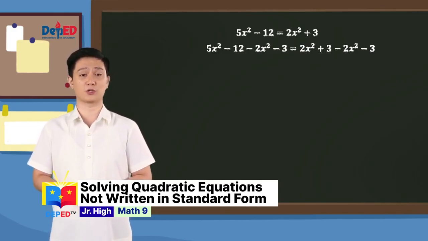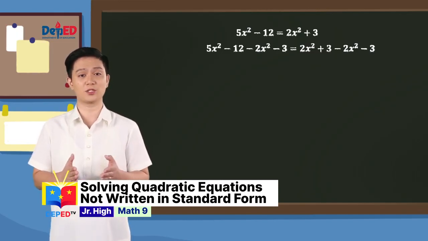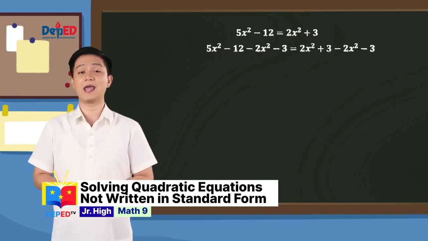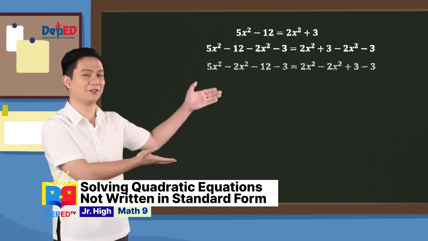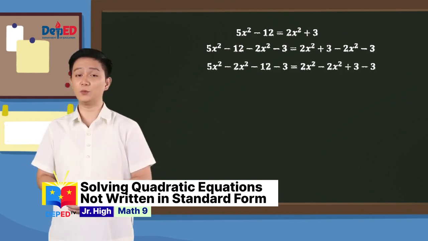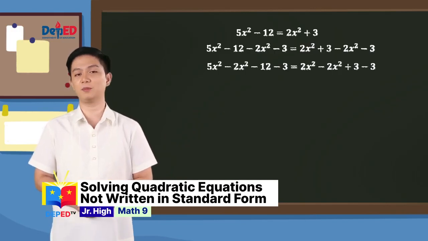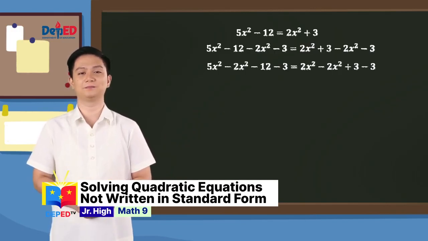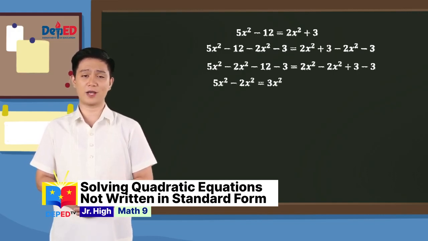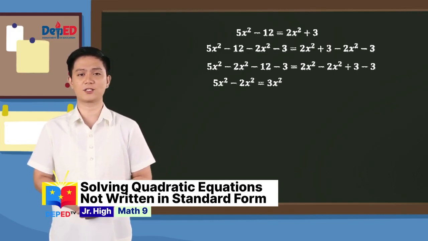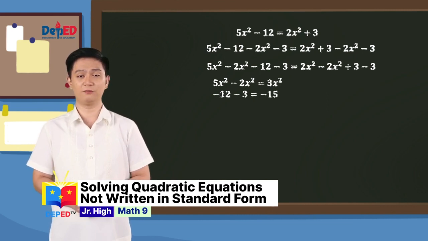We may arrange the terms in descending powers so that similar terms are beside each other, and it's going to look like this. Then we combine similar terms to simplify both sides. So we have 5x squared minus 2x squared equals 3x squared, and -12 minus 3 equals -15.